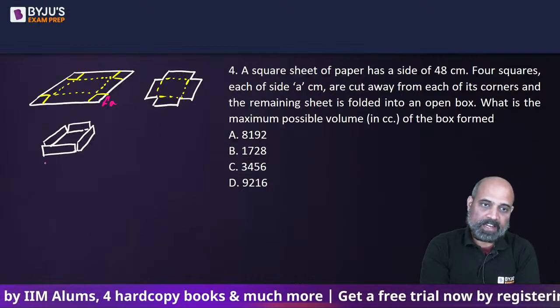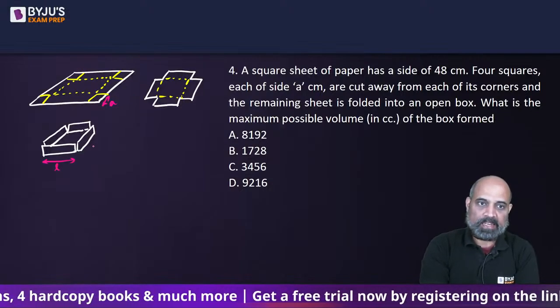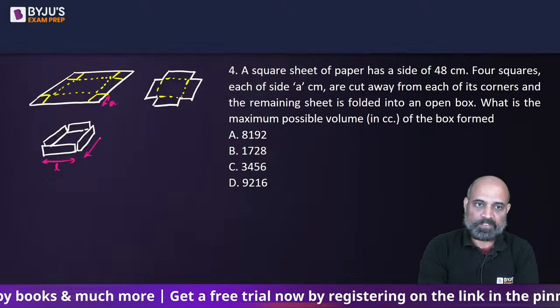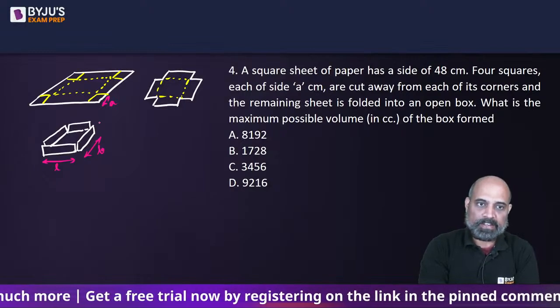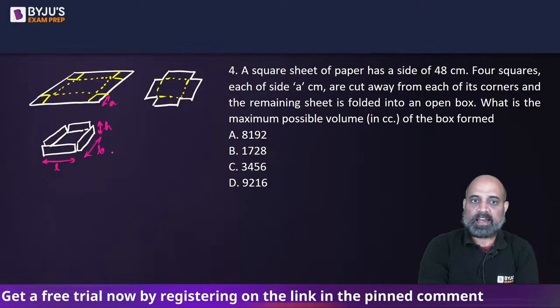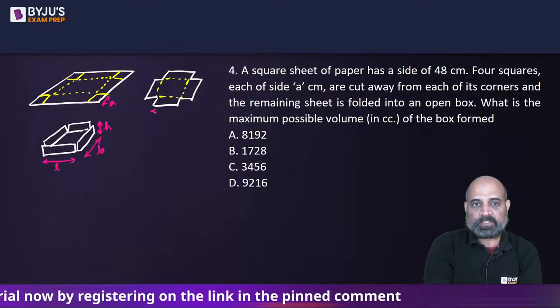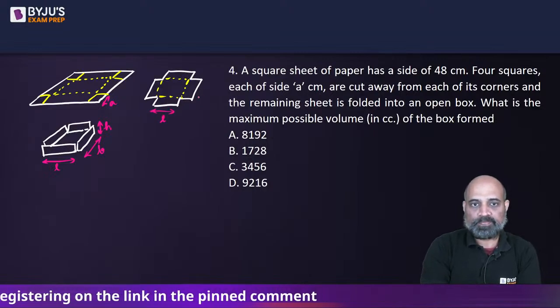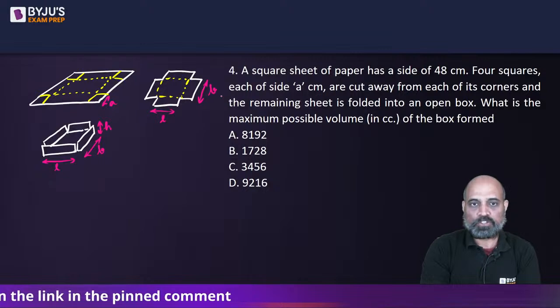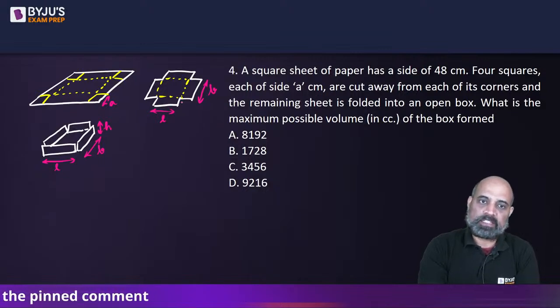So for that, I'm saying if this is L, if this is B, and if this is H, and if I open this, this is what L is going to be, this is what B is going to be, and this is what H is going to be.